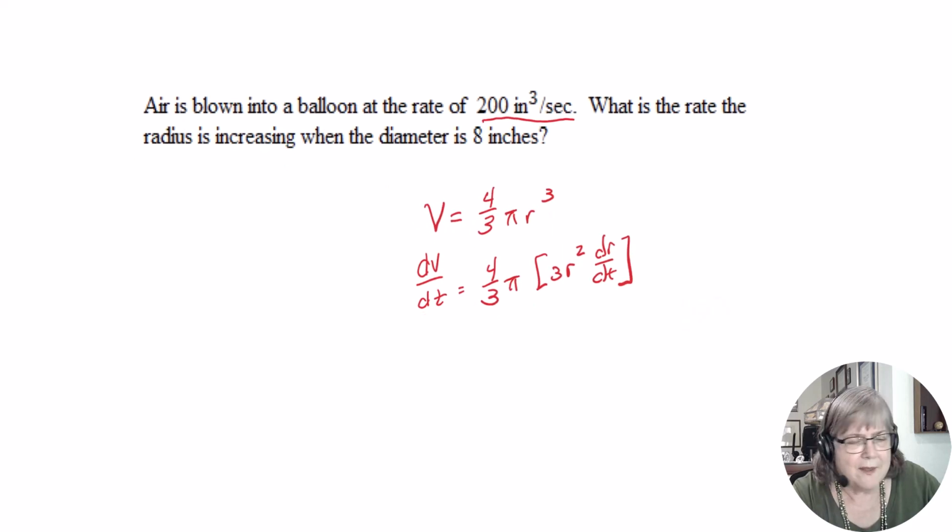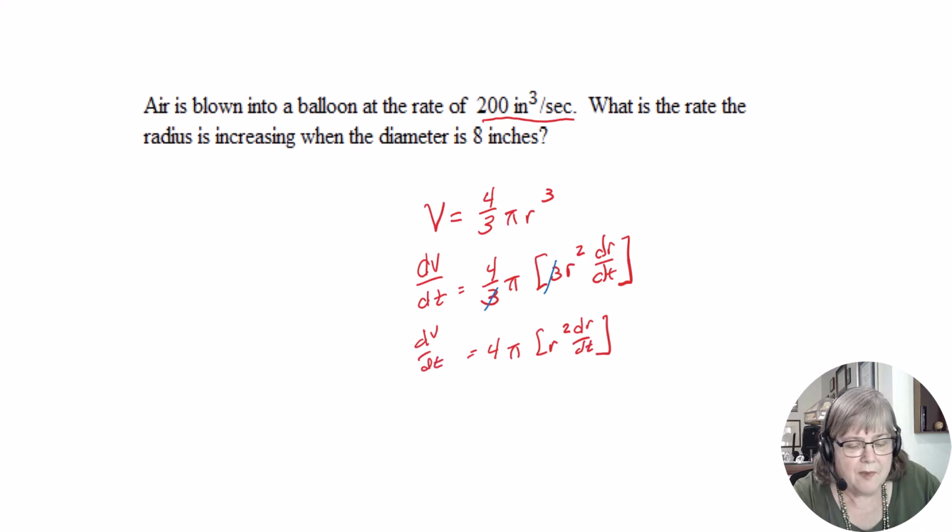I think I said it backwards. All right. Now, luckily for us, this 3 cancels this 3. And so we're going to continue on. And so this is going to be 4 pi r squared dr/dt equals dV/dt.